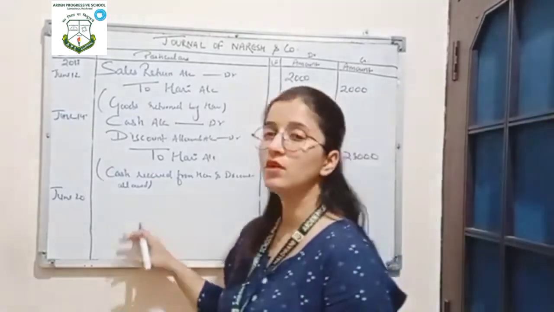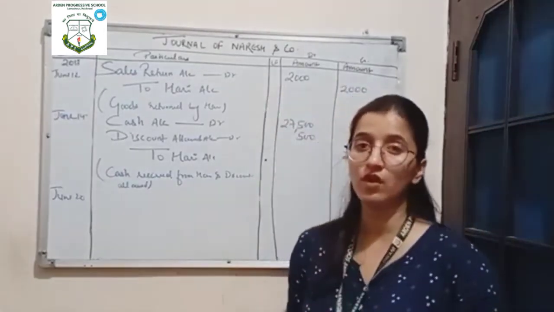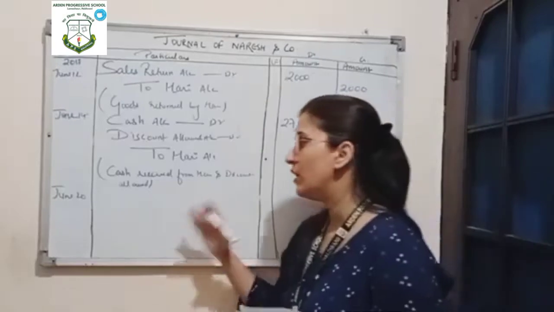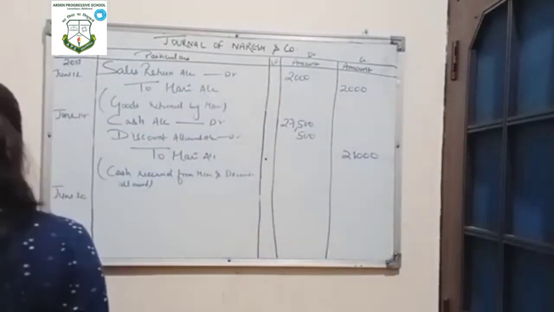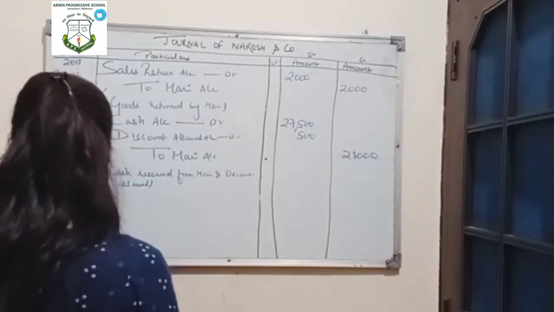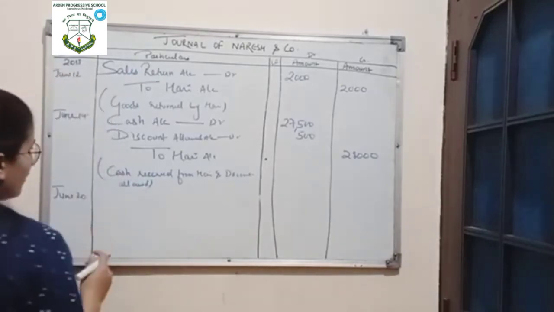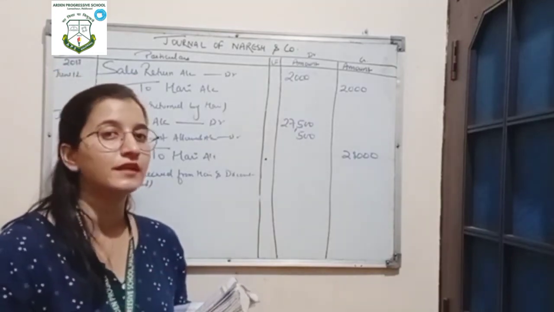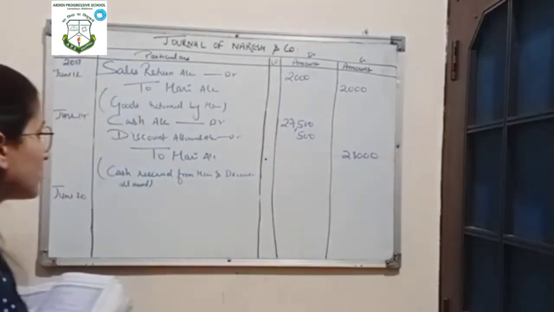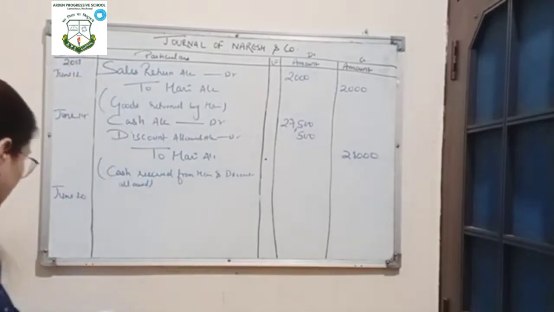As we know it is a trade discount, it is not recorded in the books of account, but it will be deducted from the invoice. It's not mentioned in the transaction that these goods are sold in cash, so we will assume that goods have been sold to Gopal on credit.